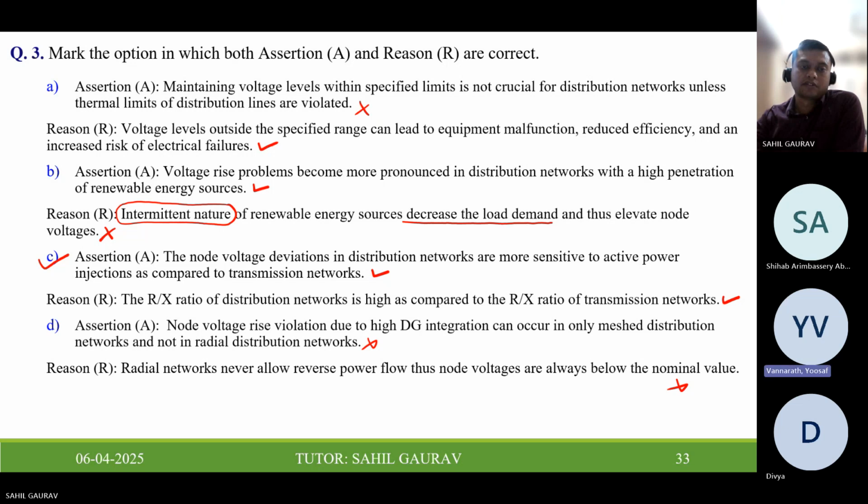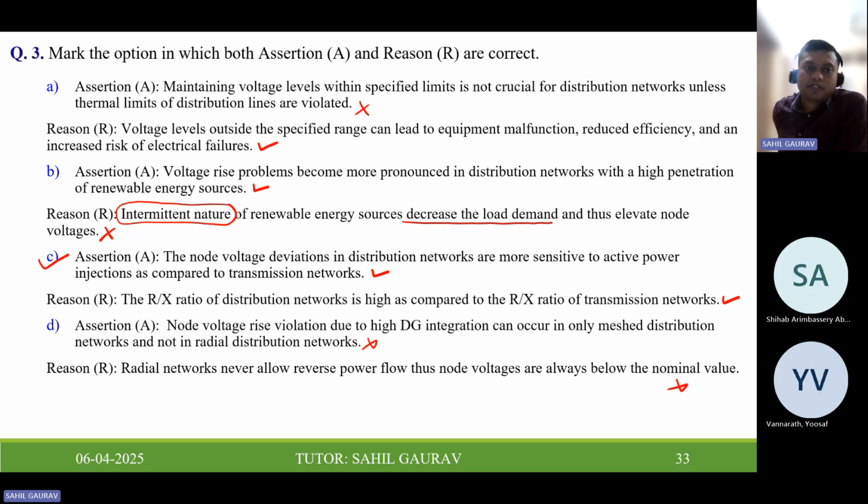You cannot do only active power injection normally. The inverter can supply both active and reactive power. Do we have any system for injecting only active power? Only active power means they are operating at unity power factor, meaning there is no reactive power generation from the inverter side.